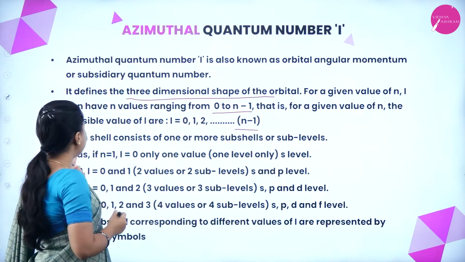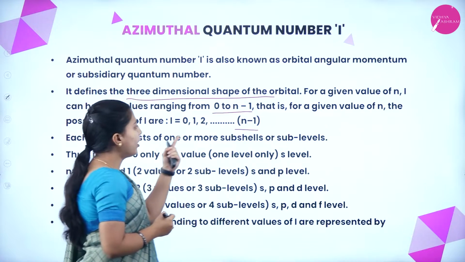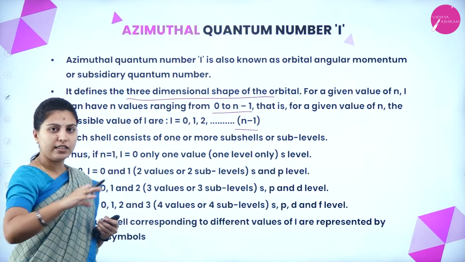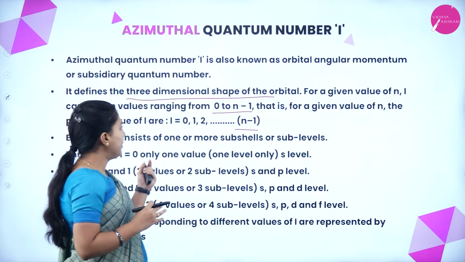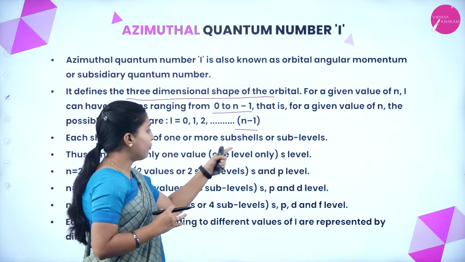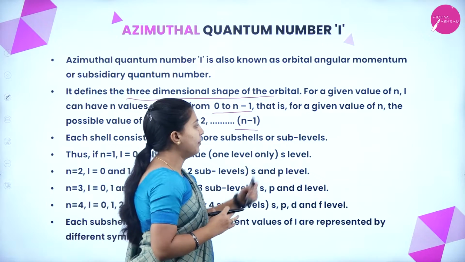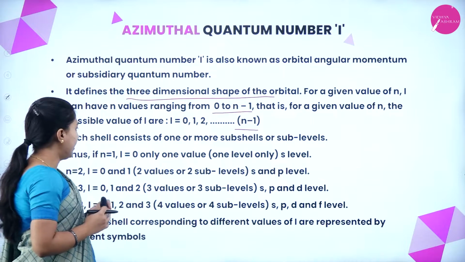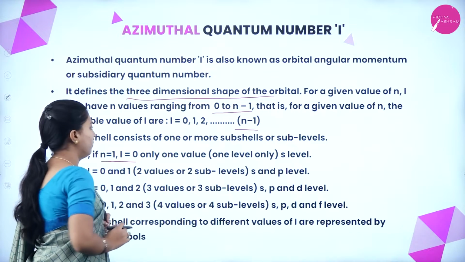Next, each shell consists of 1 or more subshells or sublevels. Each main shell energy level will consist of 1 or more subshells or sublevels. Thus, n equals 1, l equals 0.